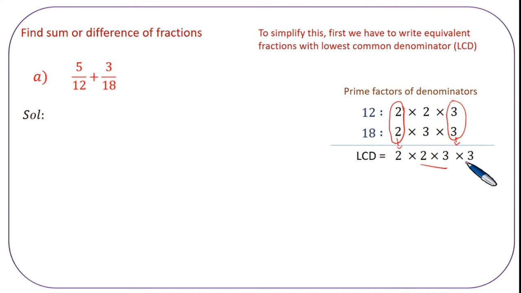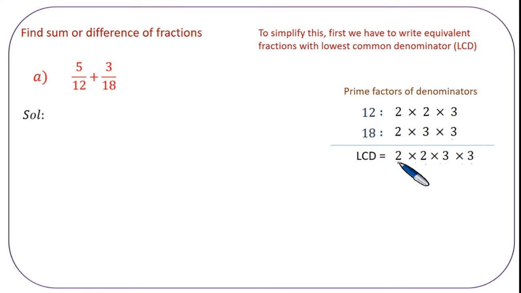This comes from 2 multiply 2 multiply 3 multiply 3. Is it clear? Once again, this 2 and 2 you write only one time, and this 3 and 3 only one time. Same number, no need to write again. Here 2 and 3 are different, so we write this 2 and 3.